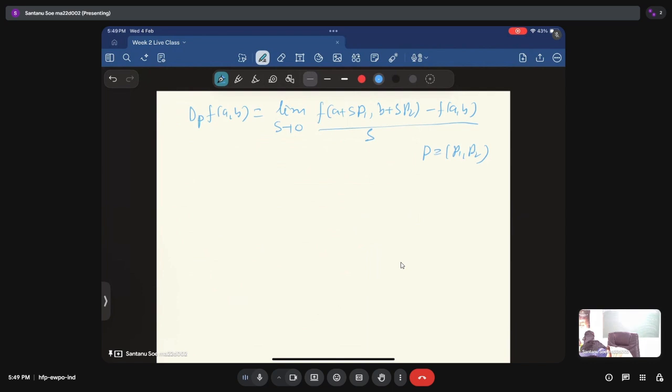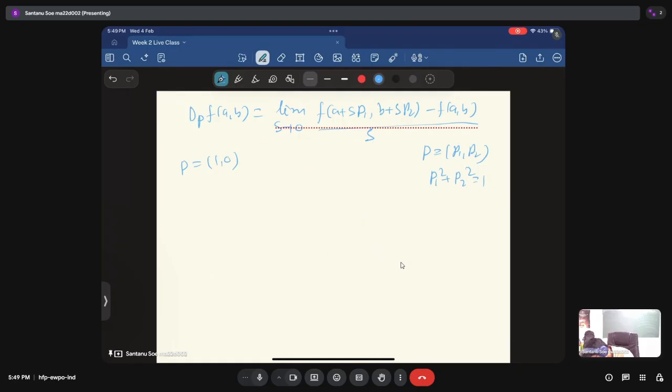So now if you just take the direction, and p1 squared plus p2 squared is 1. If you just take p to be (1, 0), that means the direction is nothing but the x-axis.